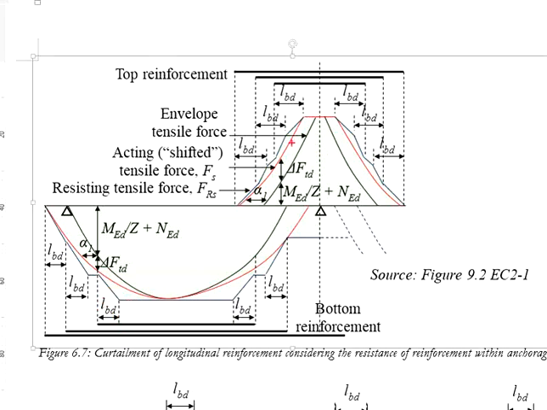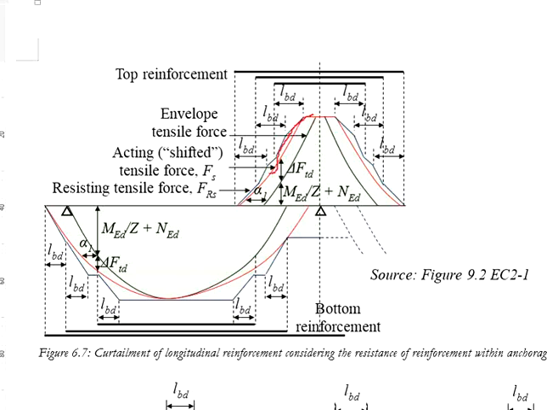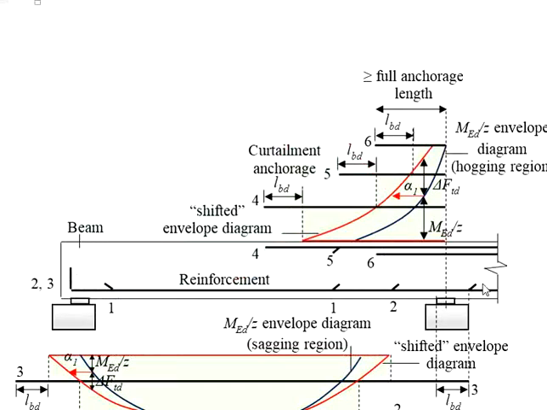And then sometimes you see overlapping of the anchorage length, leading to a more complex resistance profile compared to the simplified model that we have discussed previously.